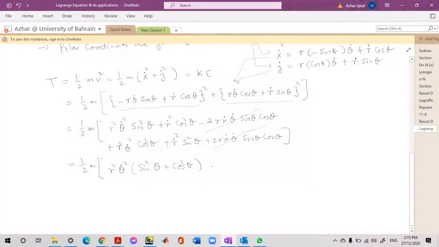And then there are the later two terms above and below, and it can be written as r dot square sine square theta plus cosine square theta. Okay, so it becomes half m r square theta dot square plus r dot square.